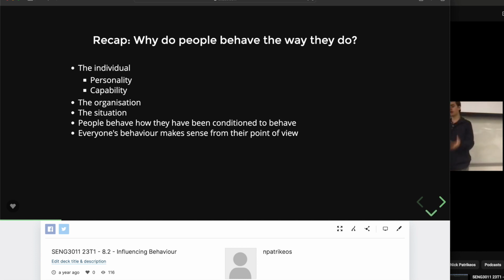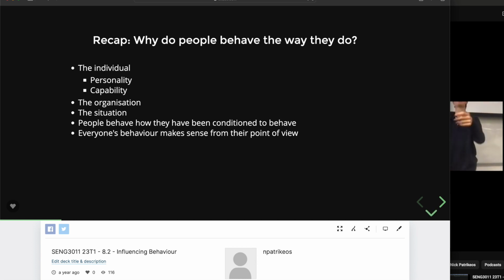Now, I don't want to compare humans to animals, but it's kind of like when you train a dog and you're trying to teach the dog to sit. You get your dog treats and you say sit, and you lift up the dog treat, and then they do this sit really cutely, and then you give them the treat. So they learn to associate the word sit and their action with being given a dog treat.